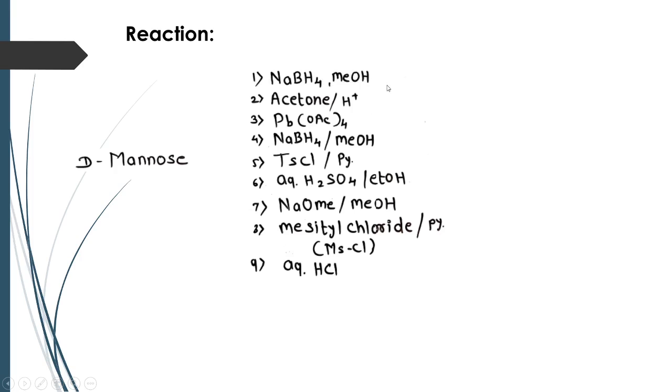This is the reducing reagent to convert D-mannose into D-mannitol. In the next step we use acetone in presence of acid for protection. Then this is the LTA, lead tetraacetate, for cleavage of the carbon-carbon bond. Then NaBH4, TsCl in pyridine, and so on. These are the reagents used for the preparation of R and S-epichlorohydrin.